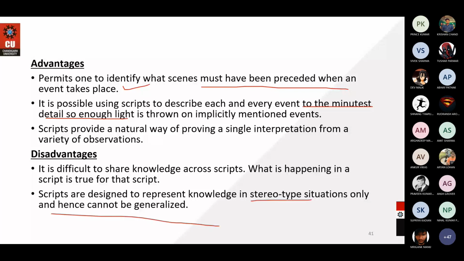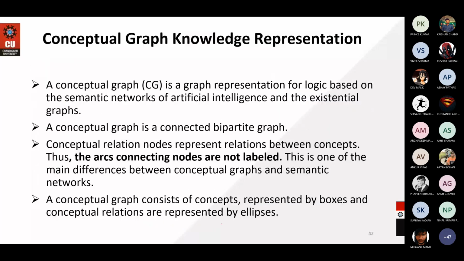Last but not least, we have the conceptual graph for knowledge representation. The last technique is the conceptual graph. When we talk about conceptual graphs, these are again the simplest graph forms. A conceptual graph is a graph representation for logic based on the semantic networks of artificial intelligence, and existential graphs.